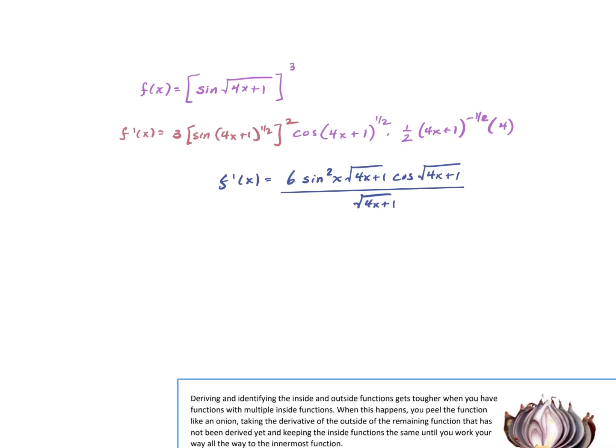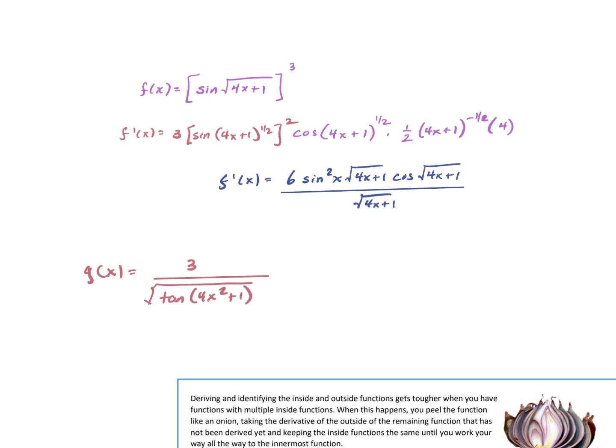So this one is g of x, and it's 3 over tangent of 4x squared plus 1, all under the root.